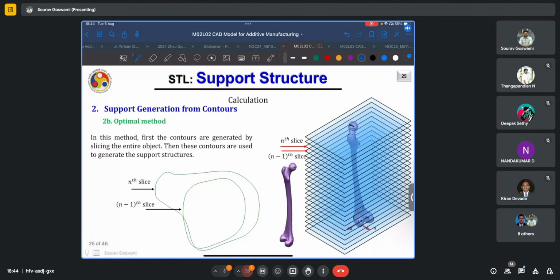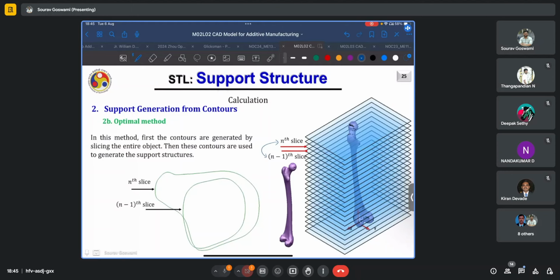This is overcome in the optimal method of support generation, where you compare the support structure needed in every pair of slices. Say for the nth and n minus 1th slice, you compare the contours and find where the support structures are needed. From the composite contour found from this operation, you compare it again with the n minus 2th slice and so on. And then you finally generate the supports.